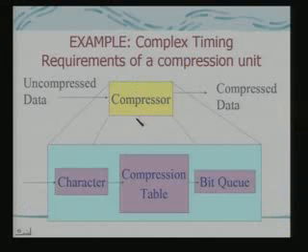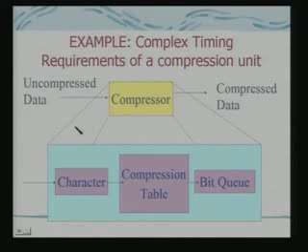Let's take a simple example of a compressor which is compressing data. So you have uncompressed data and there is compressed data as output, and this has to work in time so that you should not miss any of the input data which is coming in an uncompressed form.